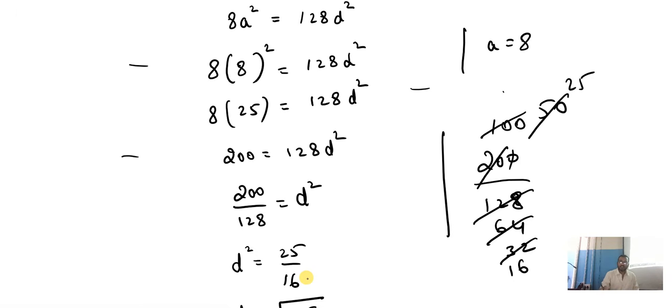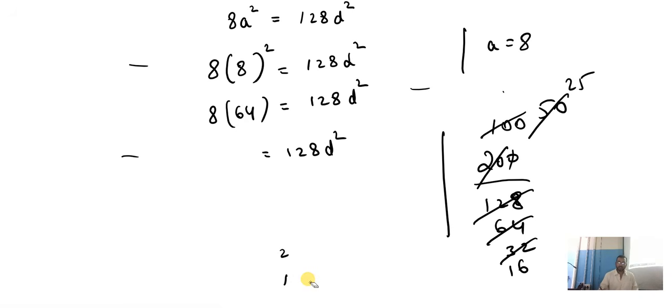It is 8. 8 8s are 64. 8 into 64 is 512. Correct? Now 512 divided by 128 is equals to d square.